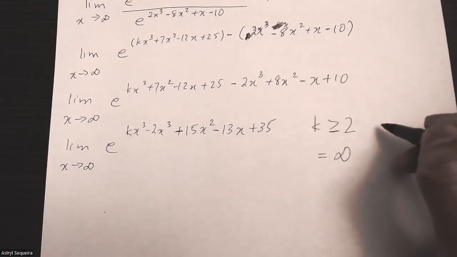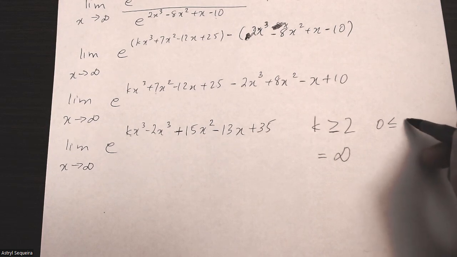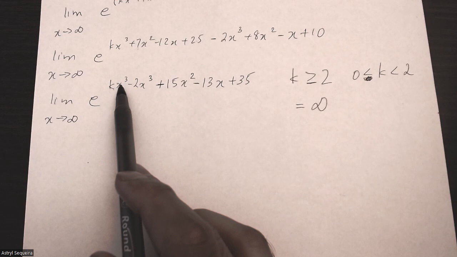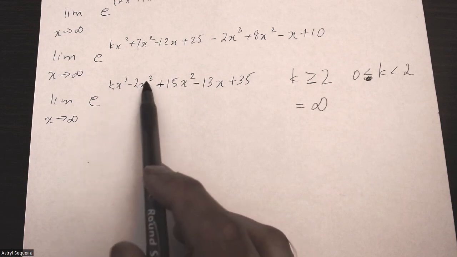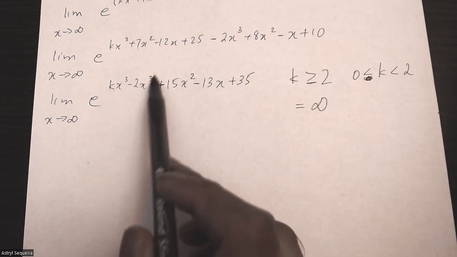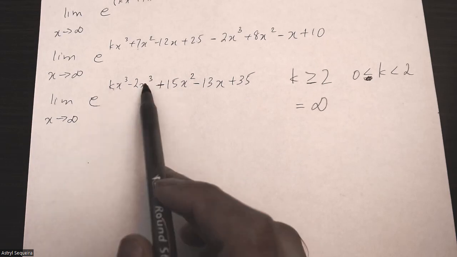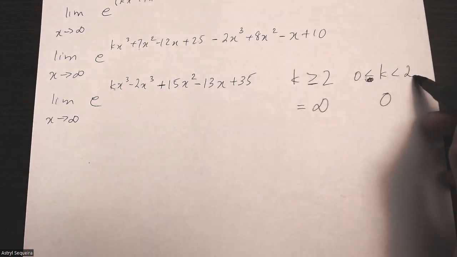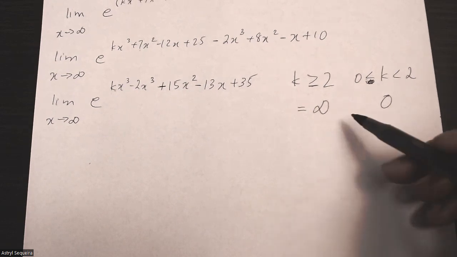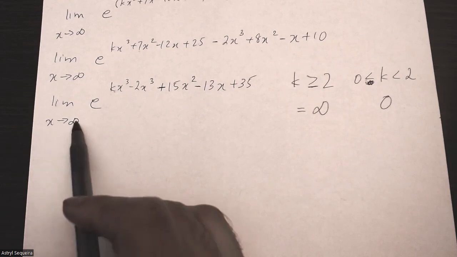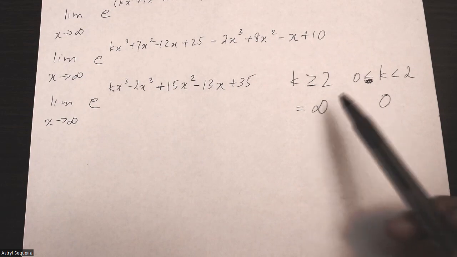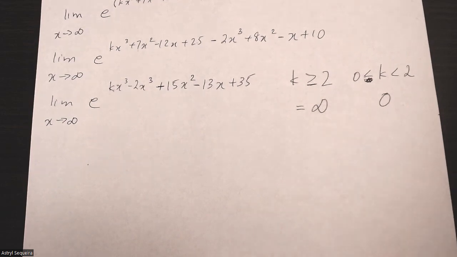So if k is between 0 and 2, I guess 0 is non-inclusive because in the question it's just greater than 0, if I sub in infinity here, I'll have e to the power of negative infinity because these three terms will be basically nothing compared to x cubed. So e to the power of negative infinity is basically 0. So between 0 and 2, the function will approach 0 as x approaches infinity, and for k greater than or equal to 2, it will approach infinity.